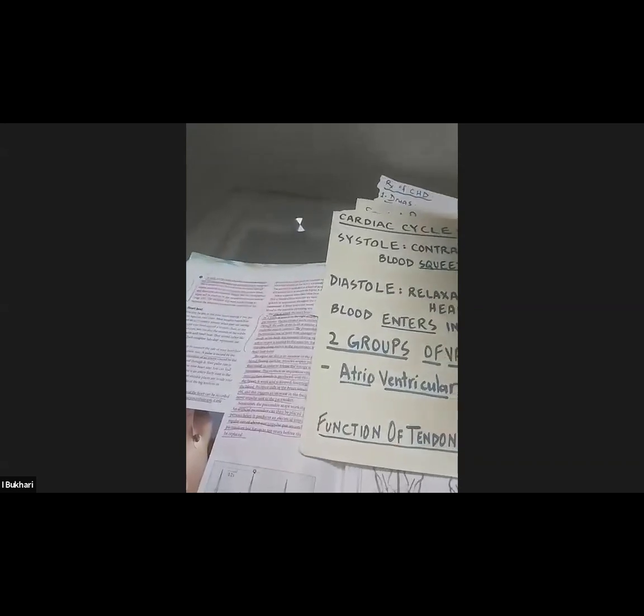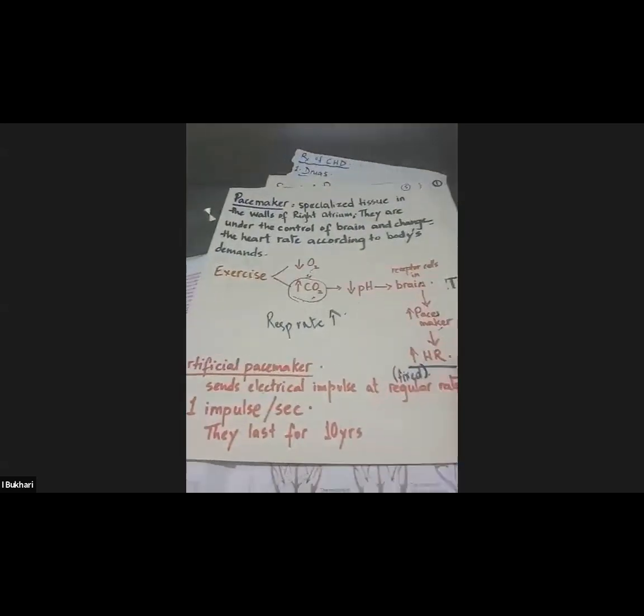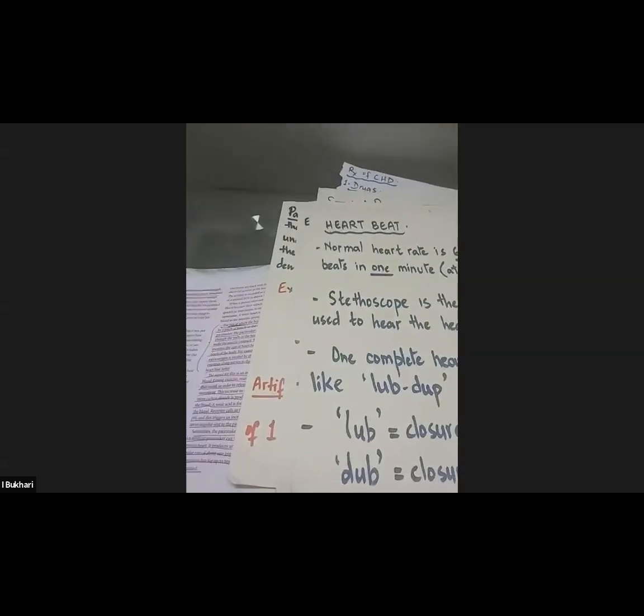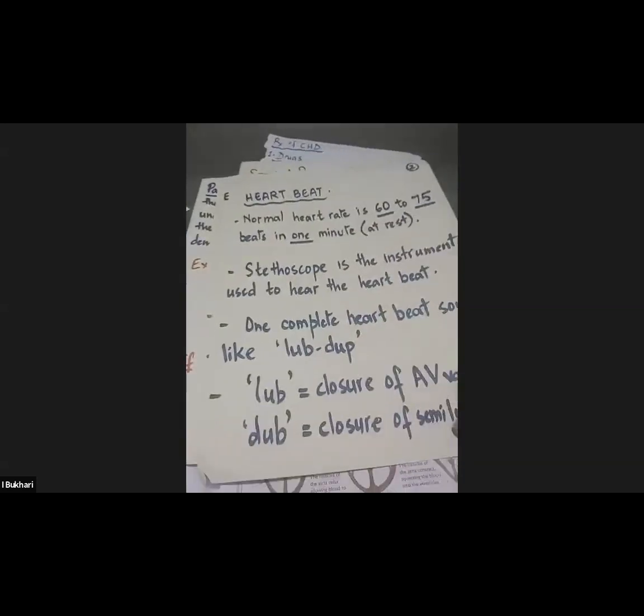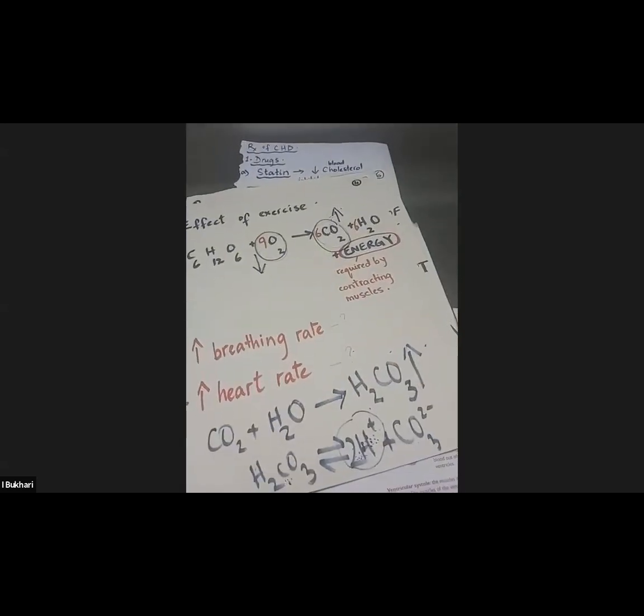Okay, some of the students are asking for the pacemaker explanation again, so I'm repeating it. Don't be confused or scared by these complex terms. Pacemaker is just a specialized tissue in the walls of the right atrium, and its job is to regulate the heart rate. It is under brain control, and it regulates the heart rate according to the demands of the body.